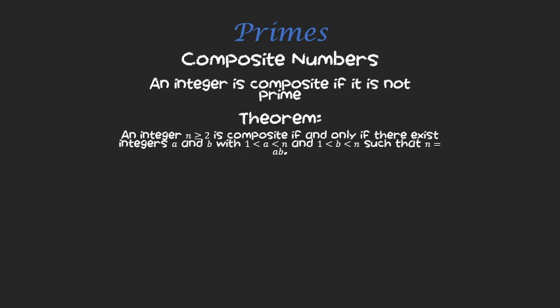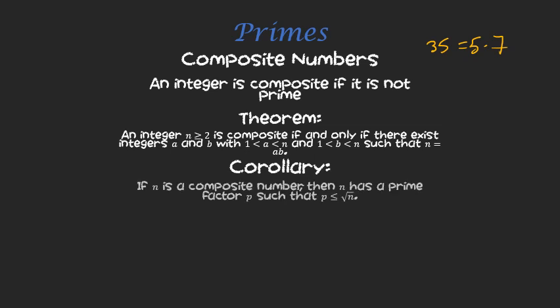So all that's really saying is we can find two factors between 1 and n such that their product is n. That's what it means to be composite. For example, 35 is composite because 35 is equal to 5 times 7. I can break it down.